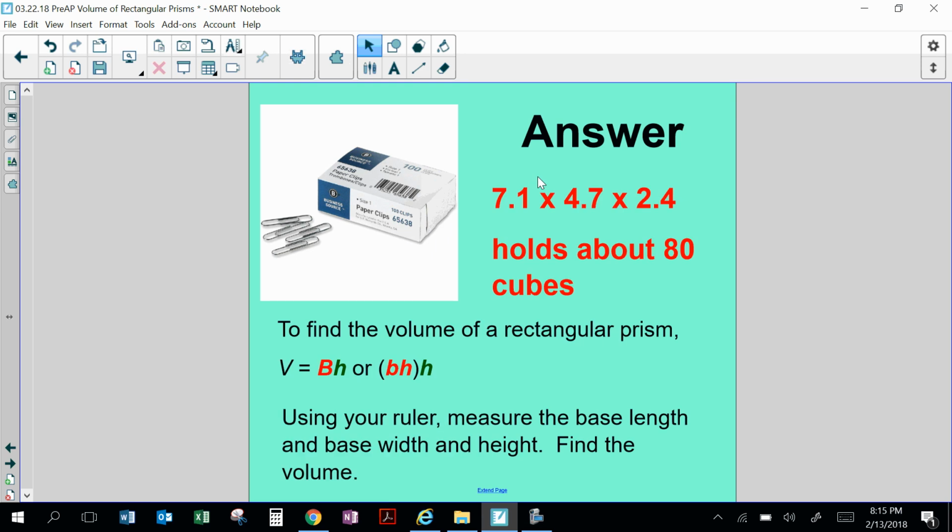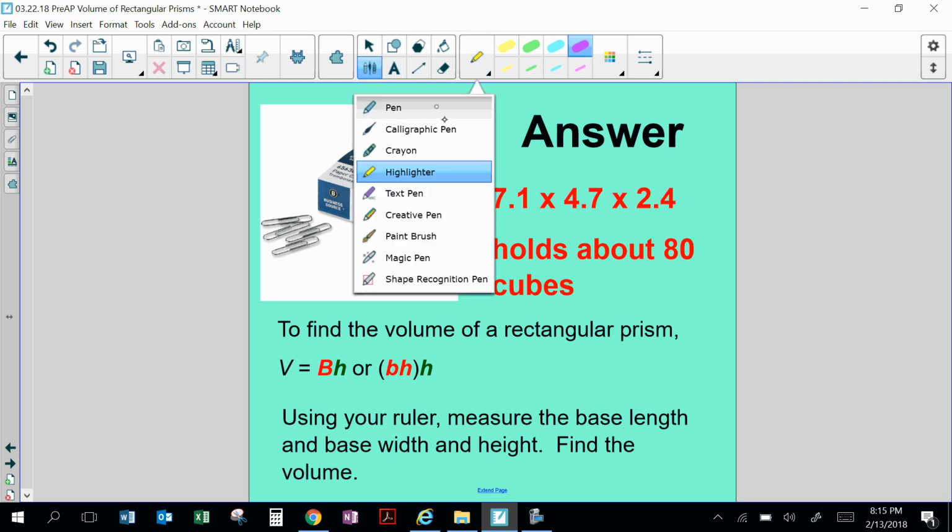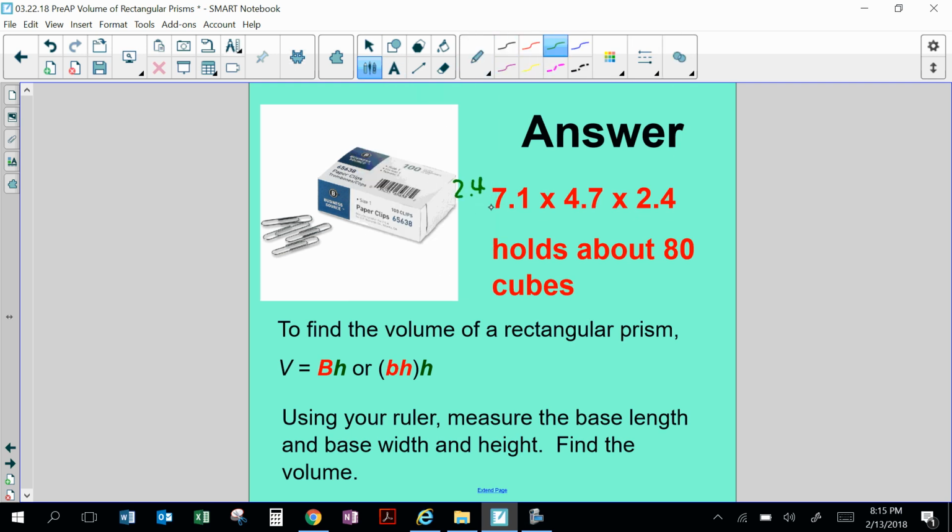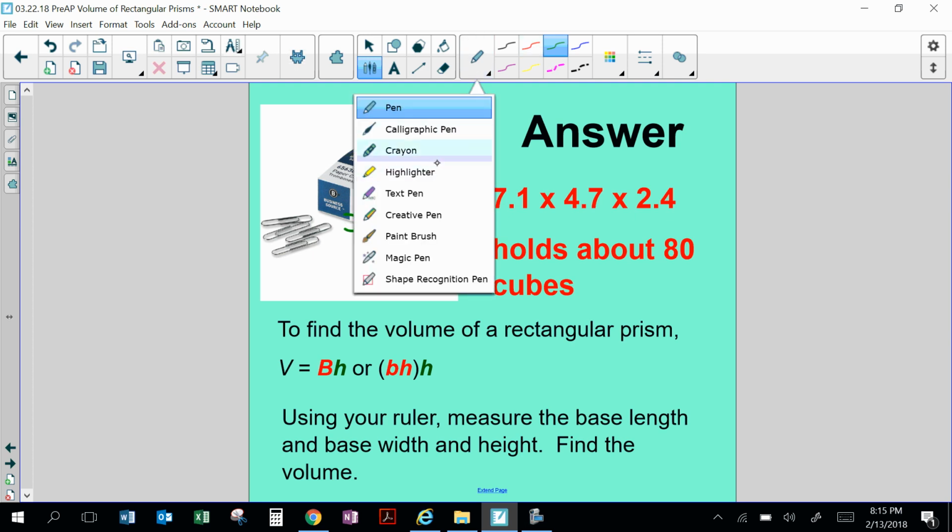The height of the box is 2.4, while the area of the base is 7.1 by 4.7. Let me highlight it so I can show you.